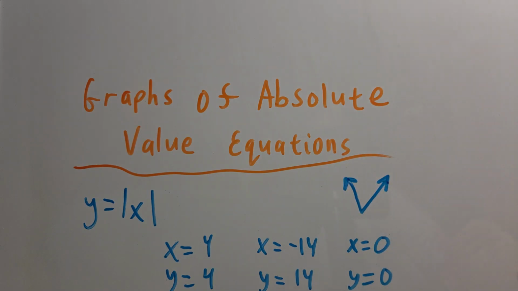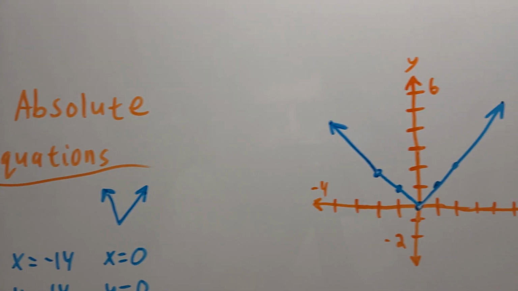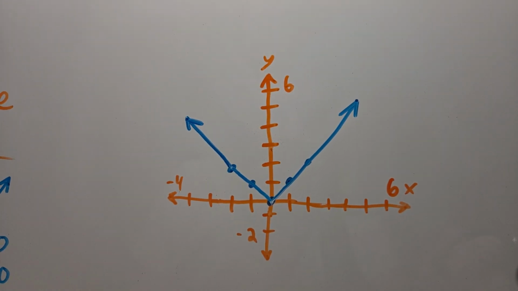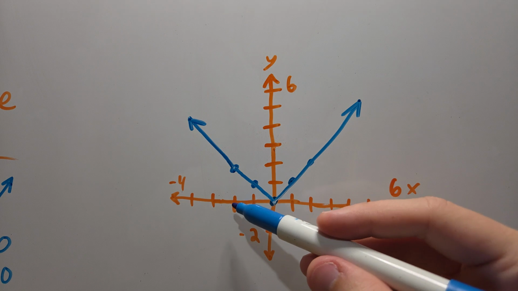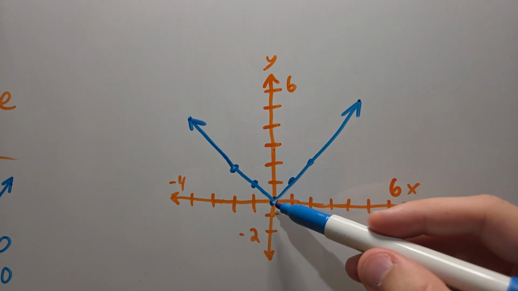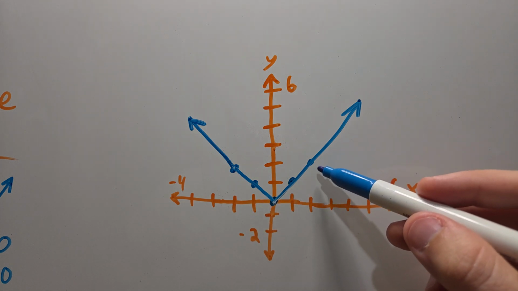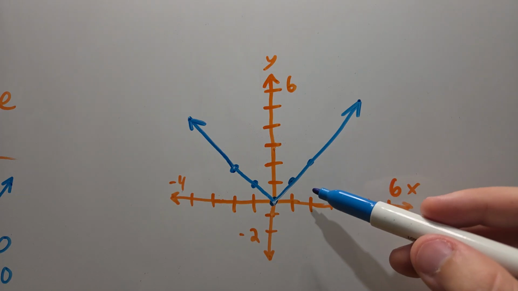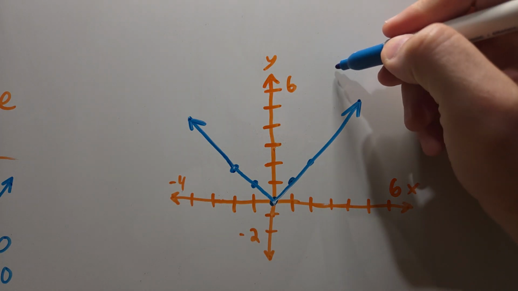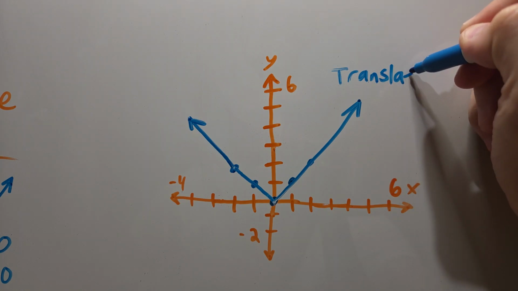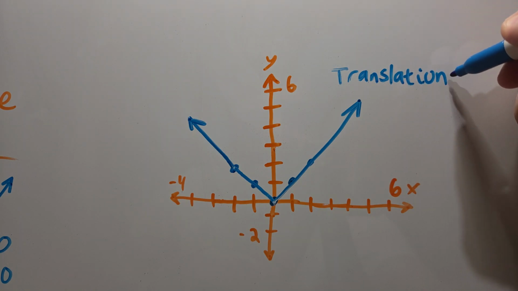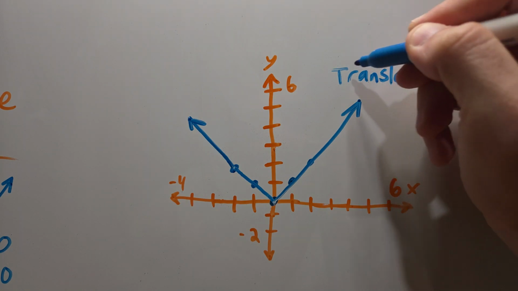It's a V. And here's what that looks like on the coordinate plane right here, plugging in respectively -2, -1, 0, 1, and 2 for those values of x. So we'll talk about translations in this video and the next one.